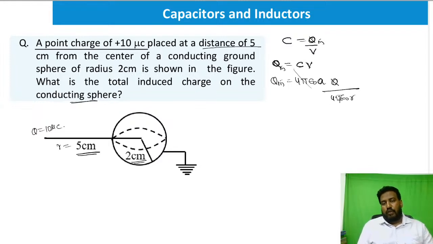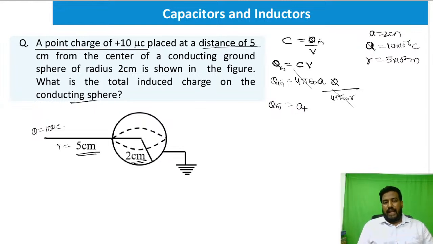4 pi epsilon naught and 4 pi epsilon naught get cancelled. The induced charge is A, the radius of the sphere, 2 centimeter. Q, the charge that is placed at 5 centimeter distance, which is 10 microcoulomb. R, the distance of the charge from the sphere, which is 5 centimeter.